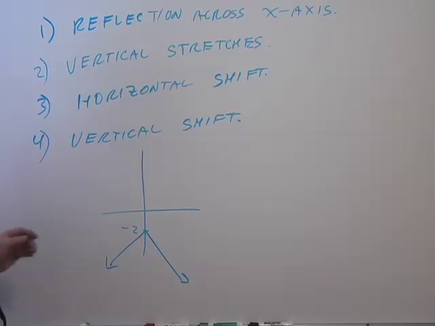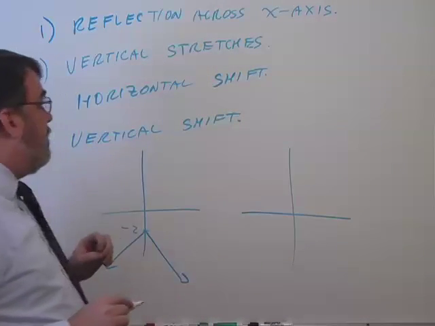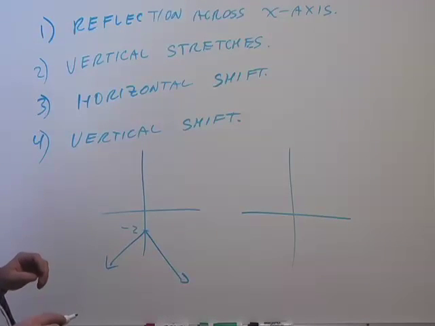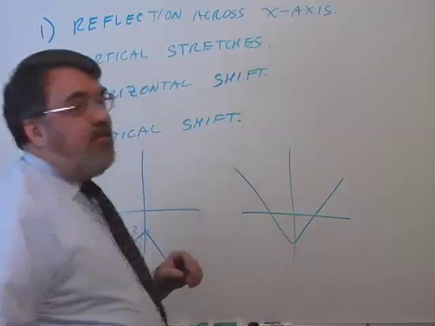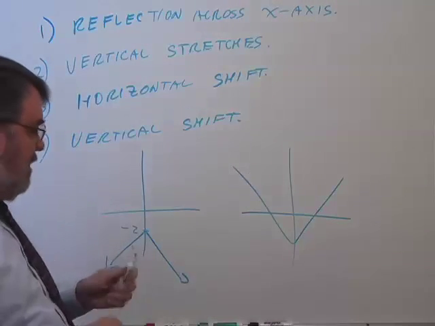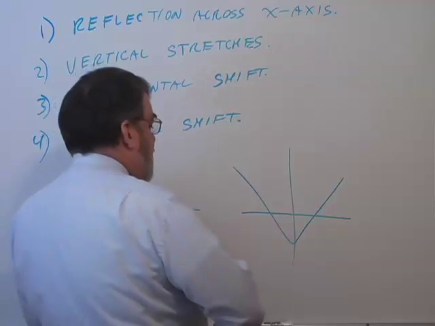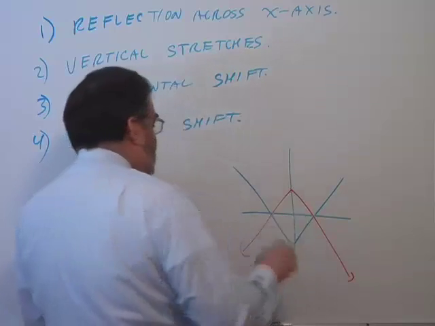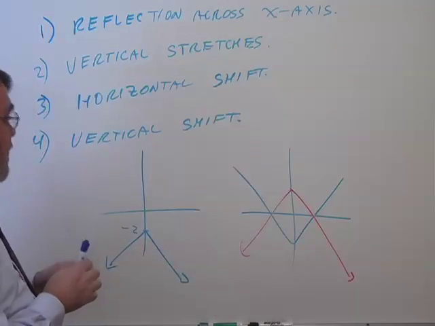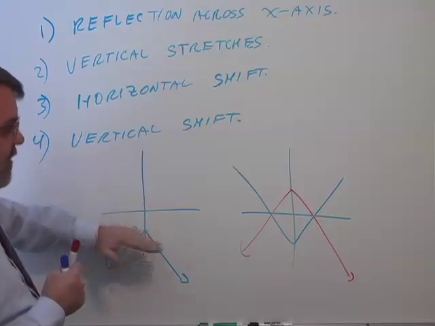Now what if I reverse the order on that? If I were to do a vertical shift of down 2 and then reflect it around the x-axis, you would end up with this, the red one. So here we have reflection first, then shift down.